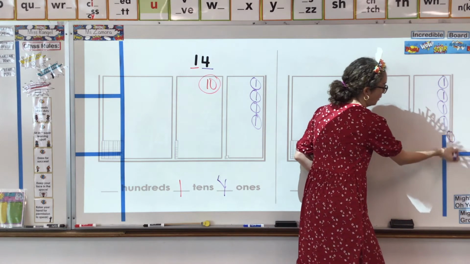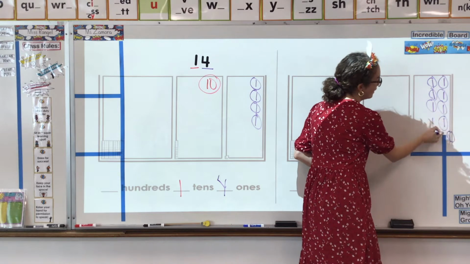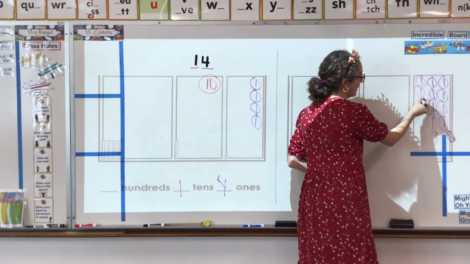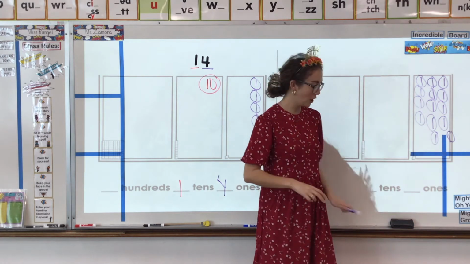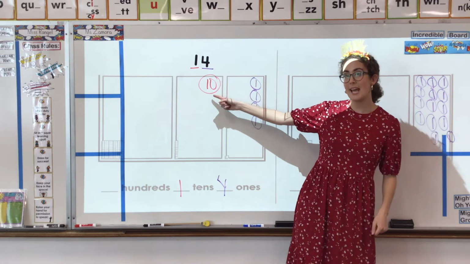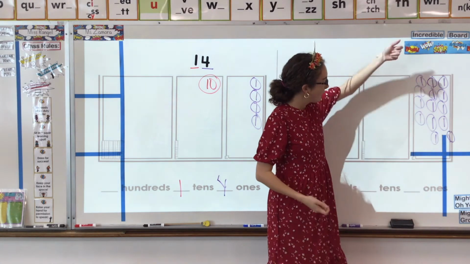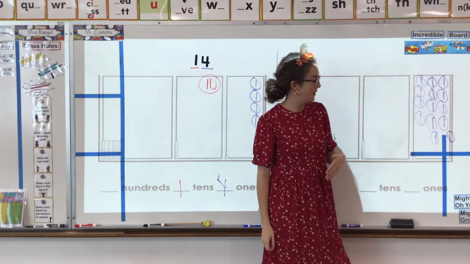We've got 1, 2, 3, 4, 5, 6, 7, 8, 9, 10. So we just took this 1 ten, unbundled it into its smaller units, and showed it as 10 ones instead.